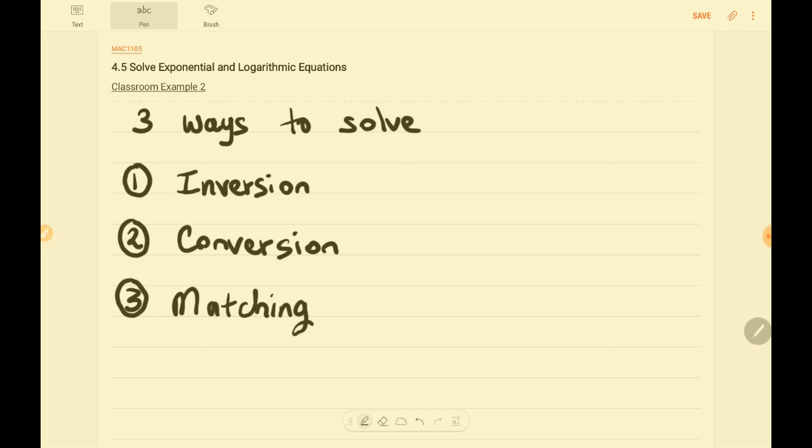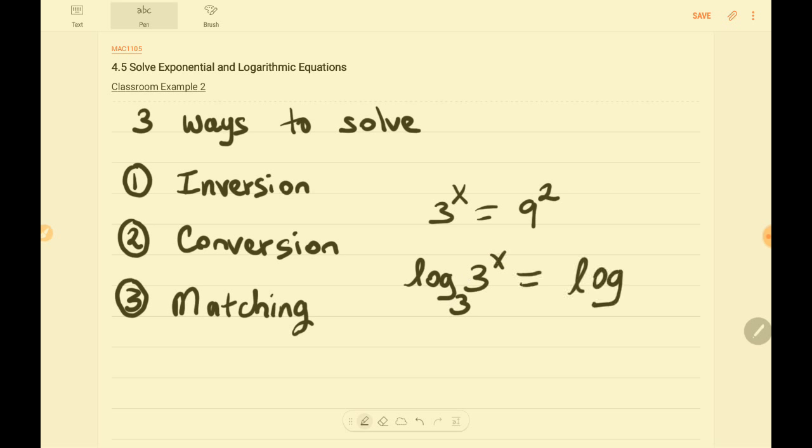So that's why if you have something like 3 to the x equals 9 squared, if you take the log base 3 of both sides, what that does is it gets your x out of the exponent, because we can't solve while it's stuck up there.